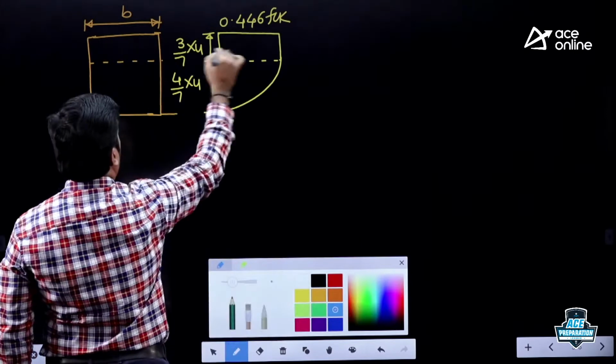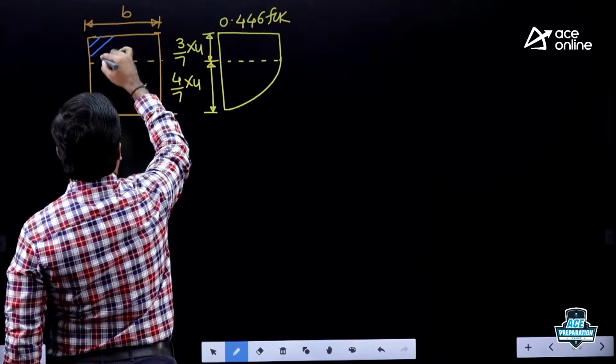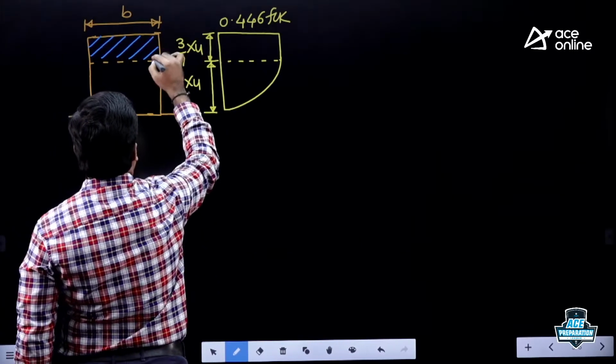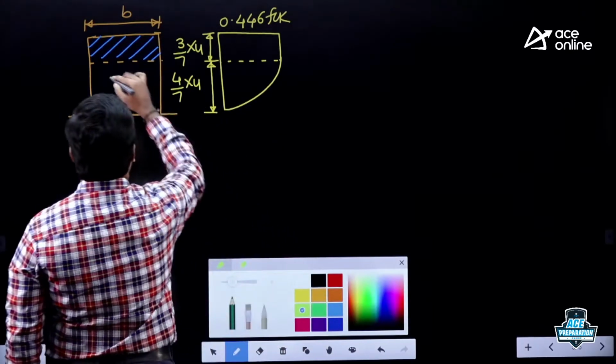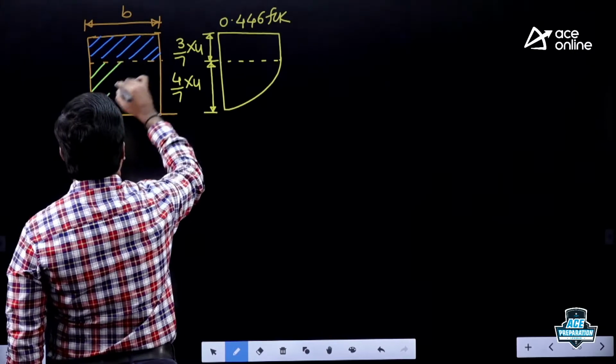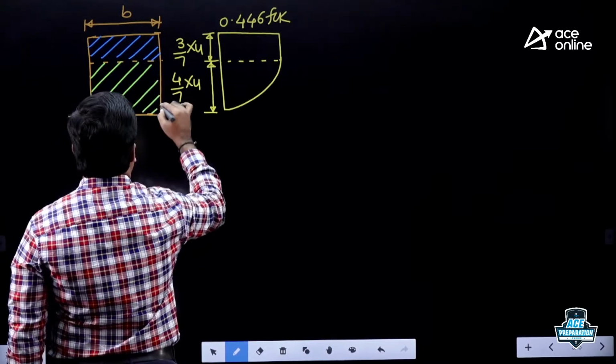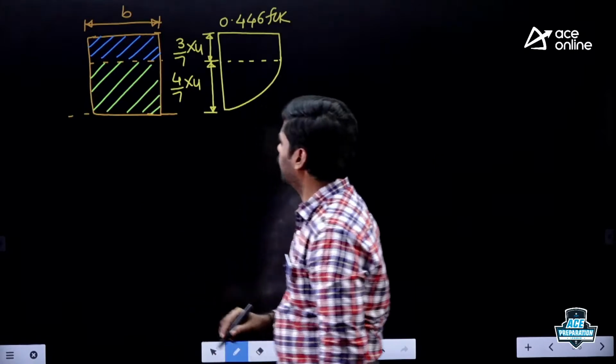It is a rectangular portion. Up to this height, you will find the rectangular portion, and you will find the remaining depth is parabola.